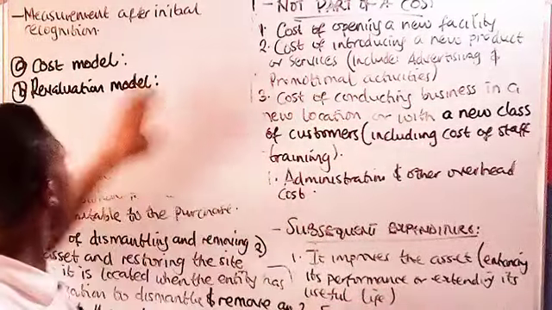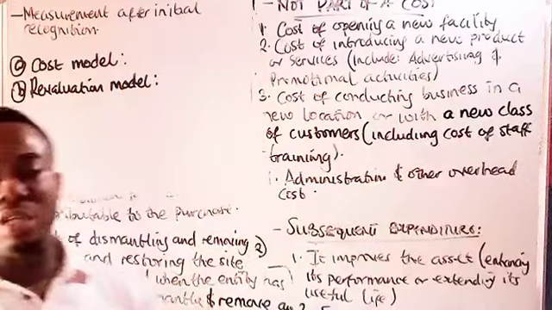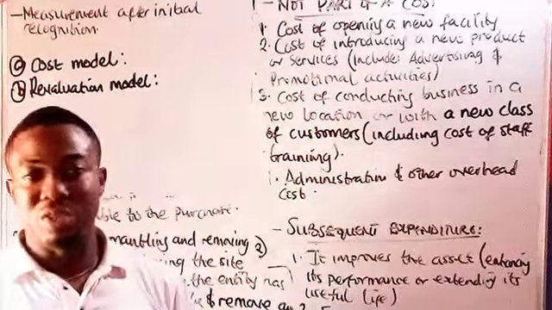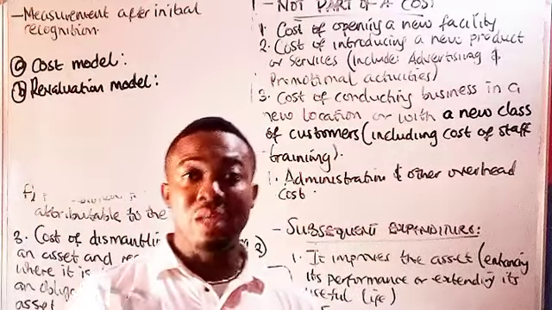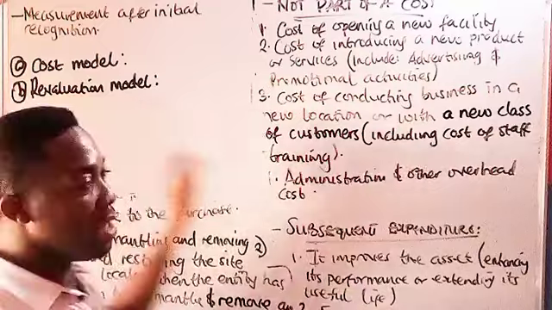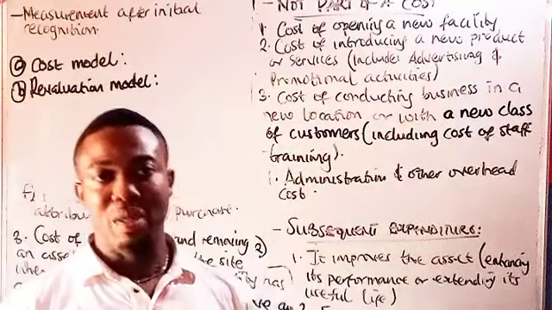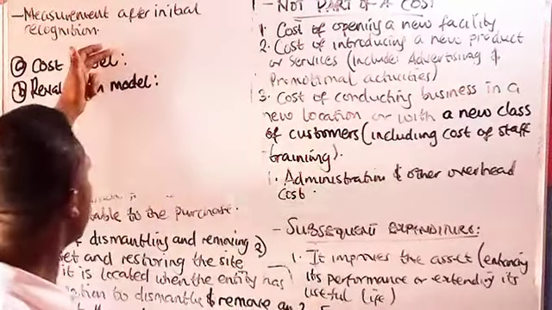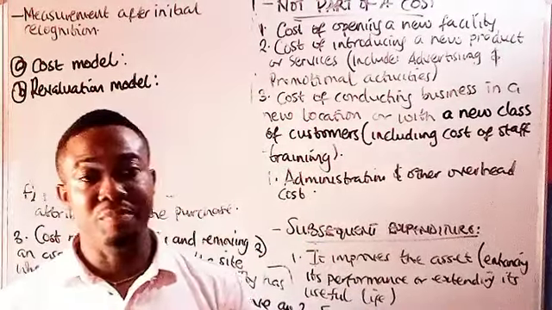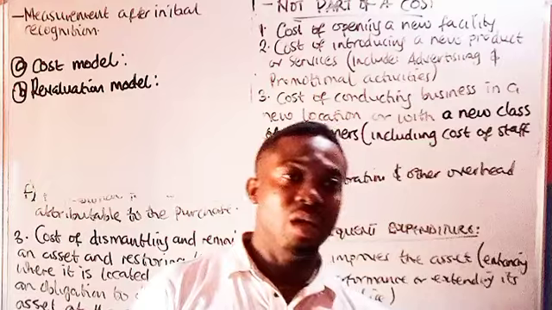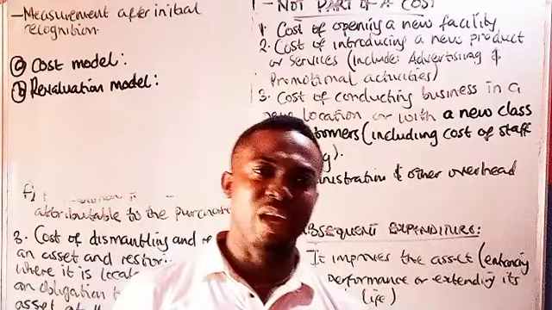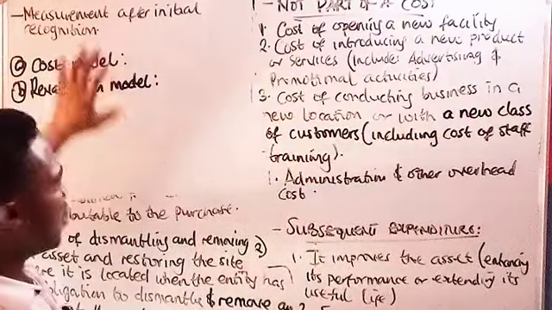So these are the two bases for any measurement after initial recognition: the cost model, which is cost less accumulated depreciation or any accumulated impairment losses, or the revaluation model, which is on the revaluation amount. Whichever of the two is chosen should be applied consistently, based on the consistency convention in our accounting concepts. So this is where we're going to stop for today.